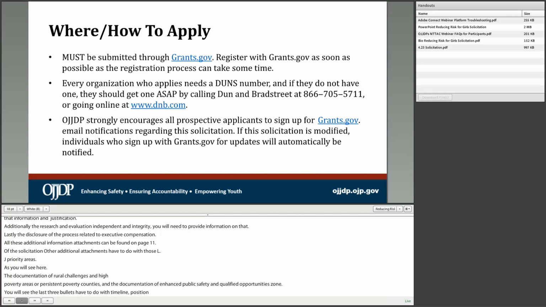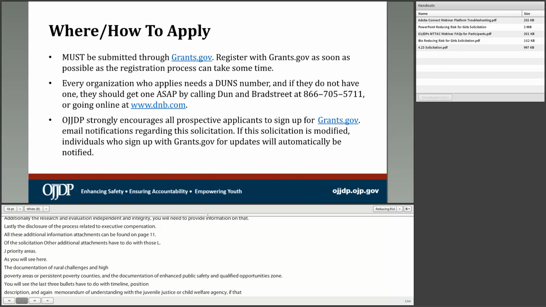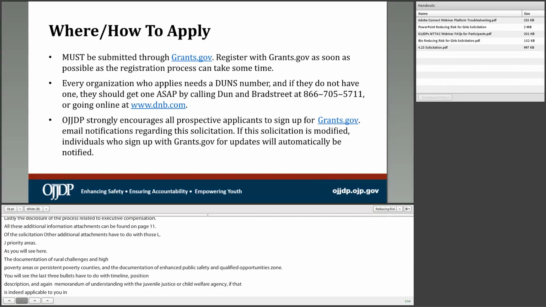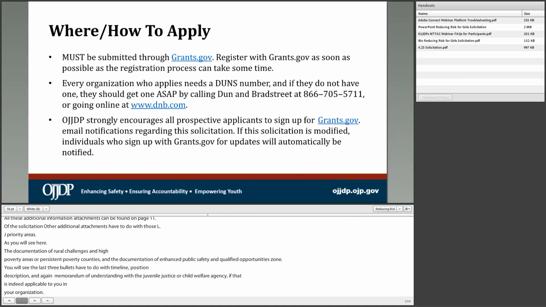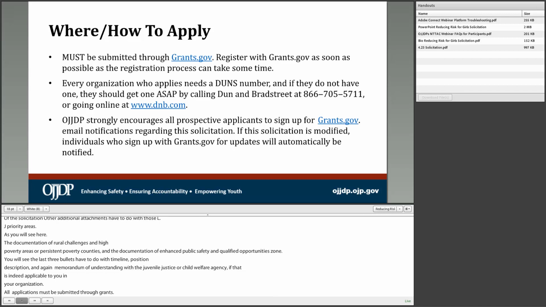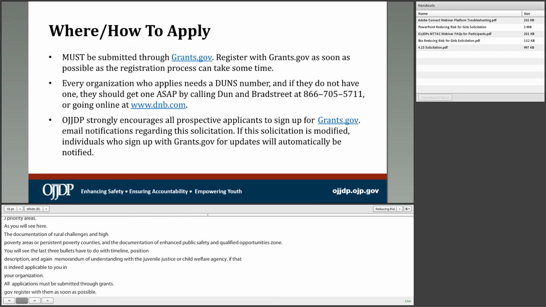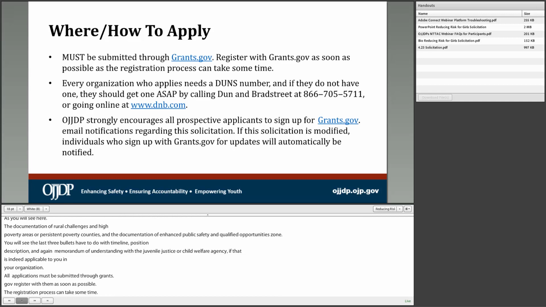So, where and how do you apply? All applications must be submitted through Grants.gov. You need to register with Grants.gov as soon as possible because the registration process can take some time. Every organization who applies needs a DUNS number, and if they do not have one, you should call immediately.